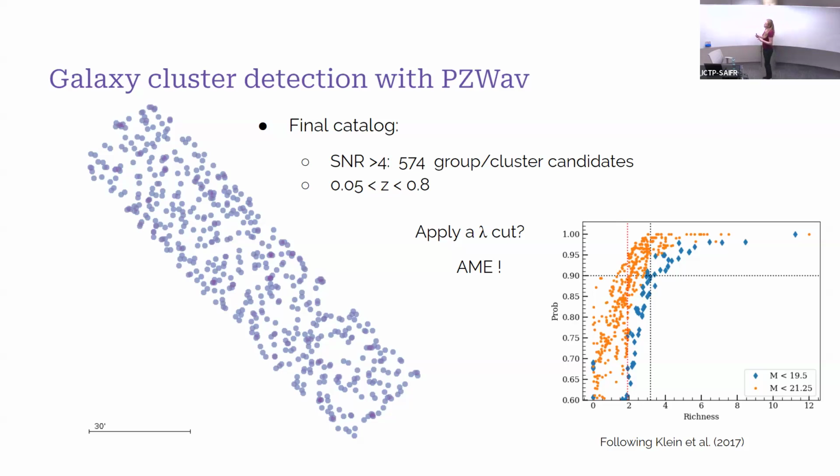Then for each of the clusters detected by WaZP, we see how many of these random points have a richness lower than the WaZP richness, for different redshift bins, depending on the cluster redshift.